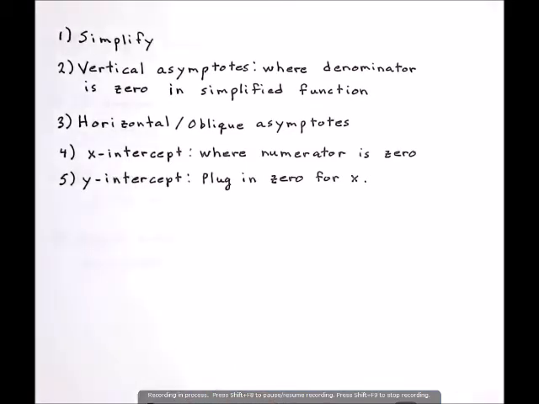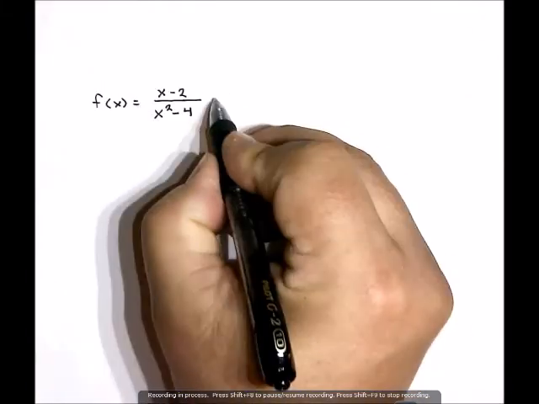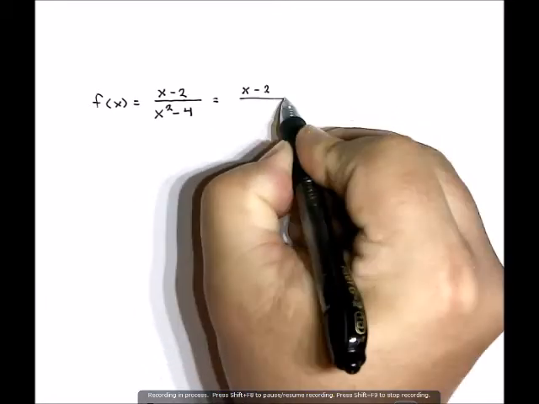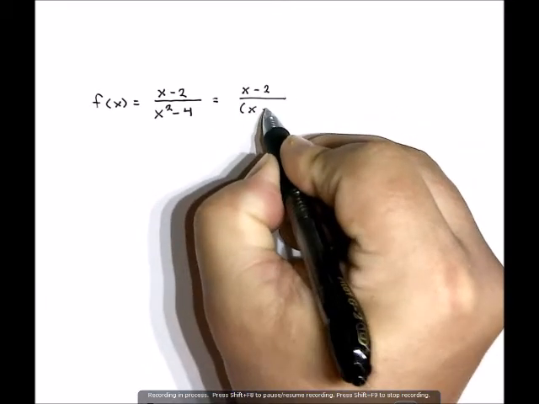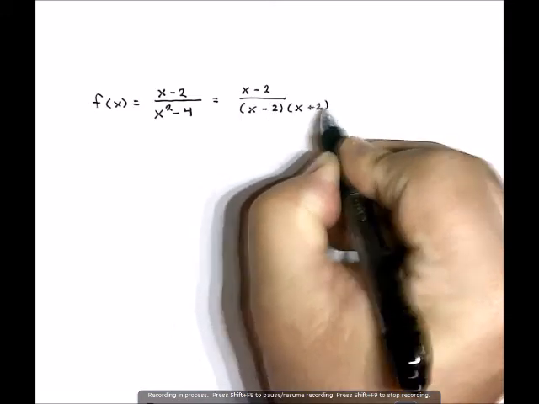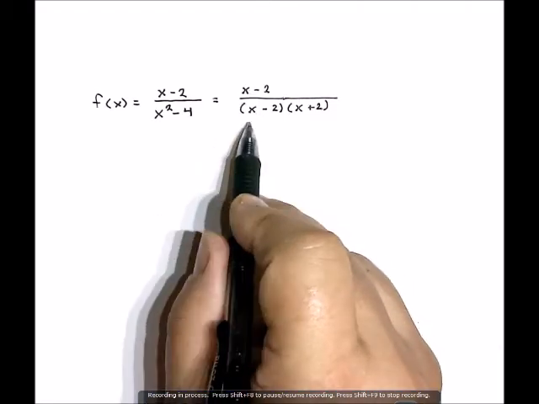And let me show you what I mean by that. So here I have a perfectly good rational function, and I'll try and simplify it. And when I look at this, these two terms will cancel.